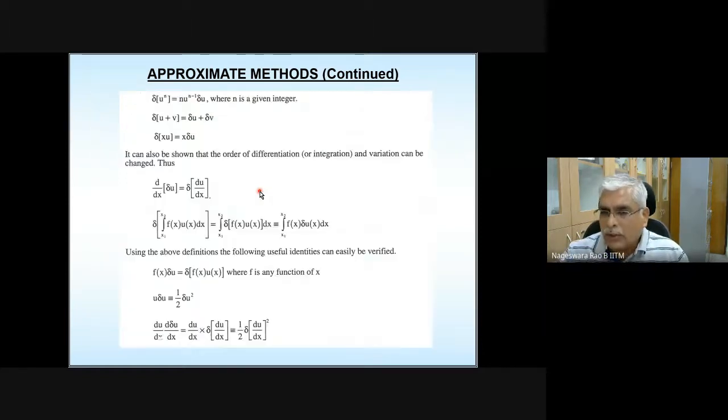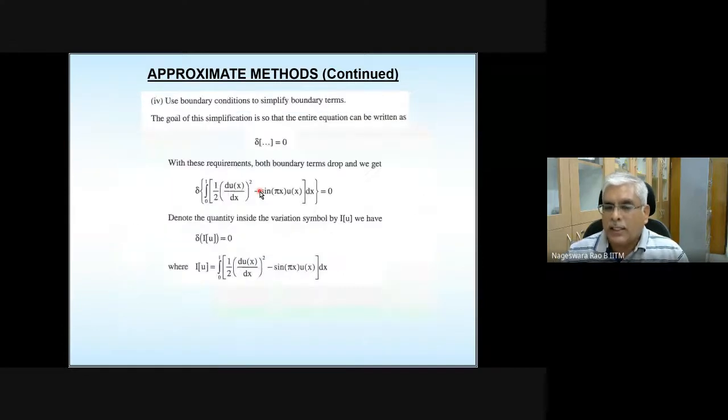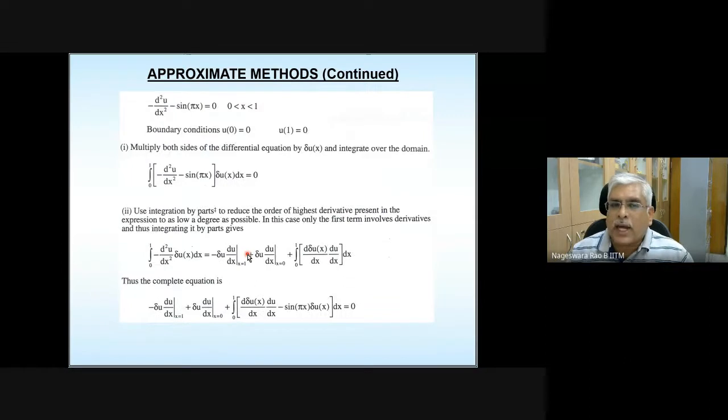Okay, so you bring in that here. You have variation of the function of u is equal to 0. So this is possible only if partial derivative of I with respect to the unknown parameter should be equal to 0.